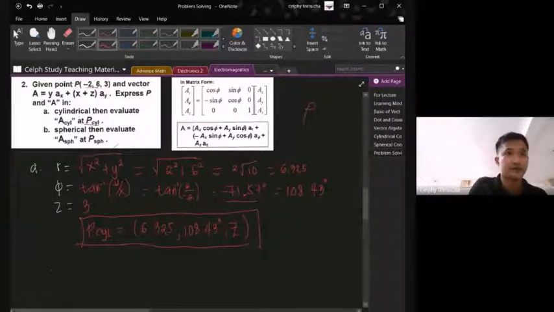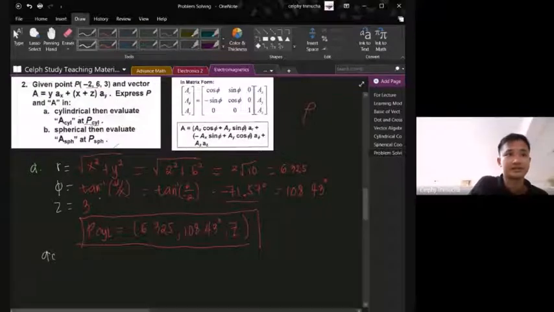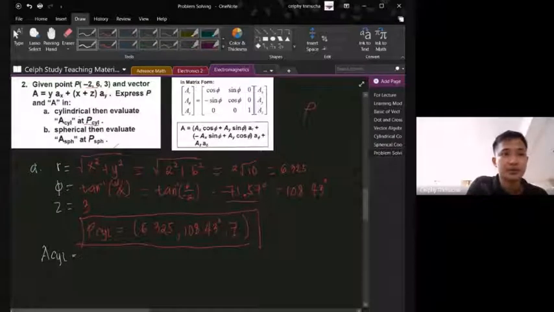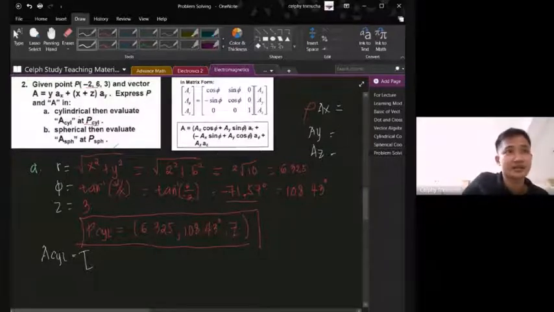So we have for A cylindrical. So this will be equal to AX, AY, AZ. Okay, AX naton is Y, AY is X plus Z.